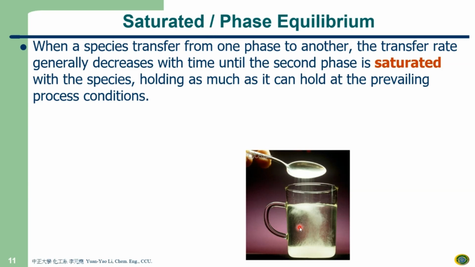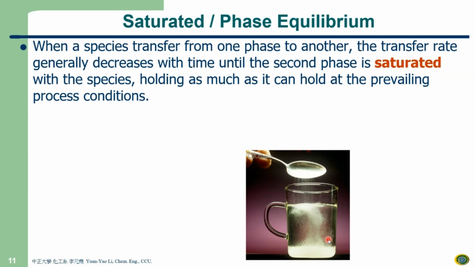And at that time, the phases will reach equilibrium, because the solid phase and the liquid phase of the sodium chloride will reach equilibrium. So this is important for you to know, and this is one of the fields in thermodynamics.